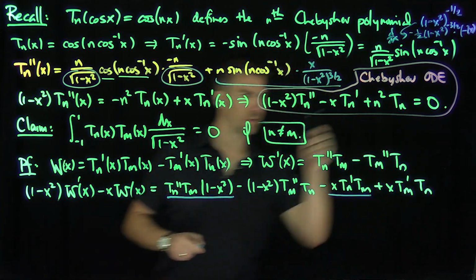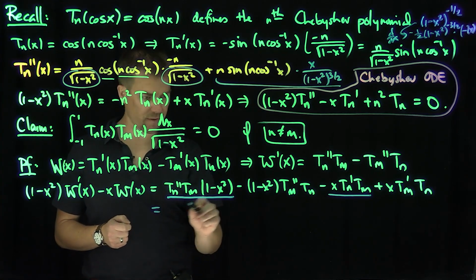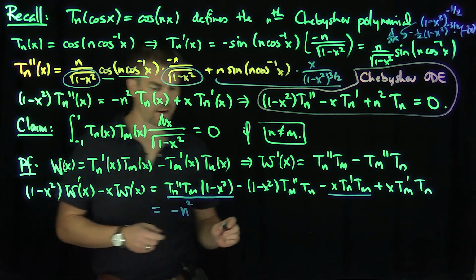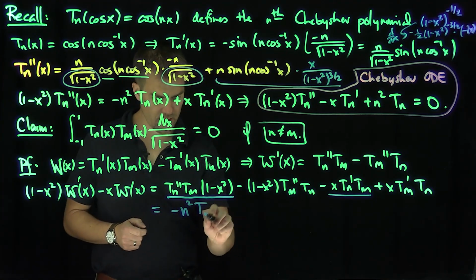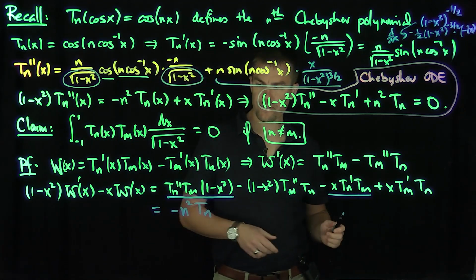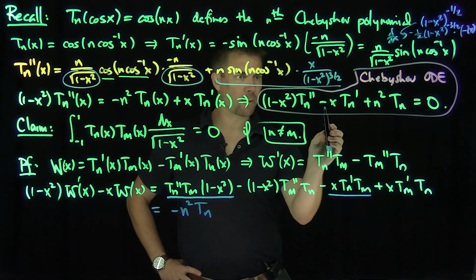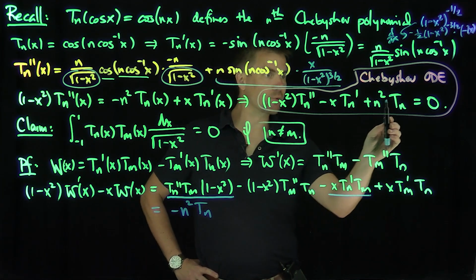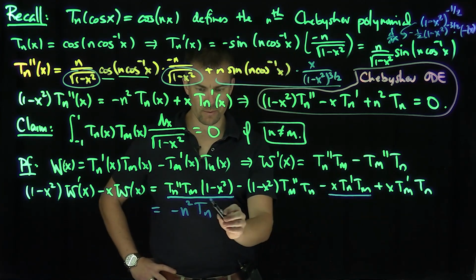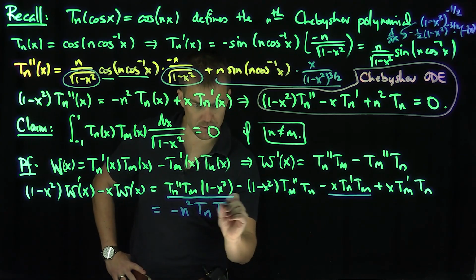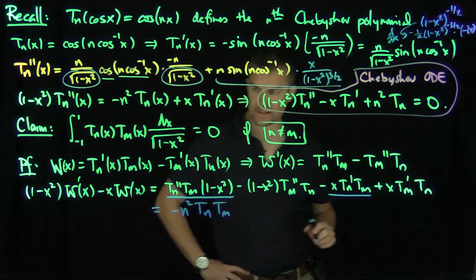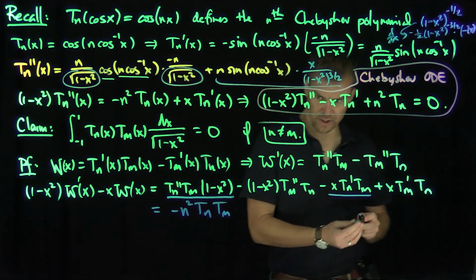So those two terms are going to give me a negative n squared tn, like that. Great. Okay? Because I know that 1 minus x squared tn double prime minus x tn prime is equal to negative n squared tn. So those two terms over there, and I have a tm, of course, right? So tm, like that. And now look at these terms over here.